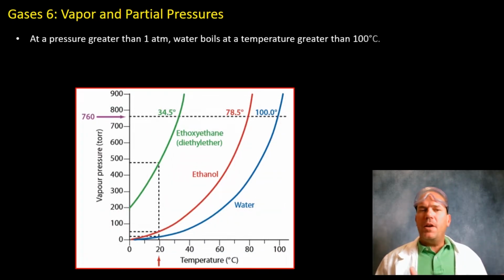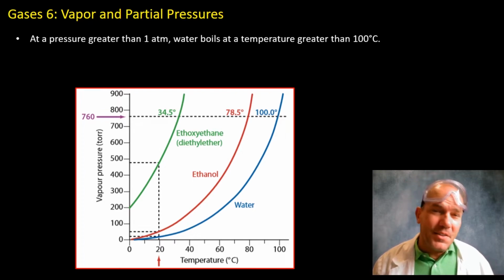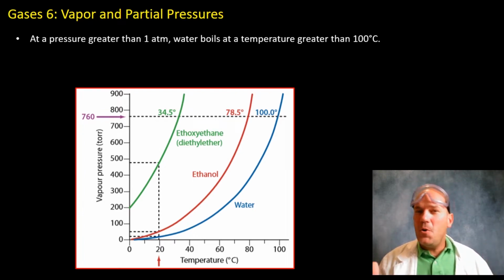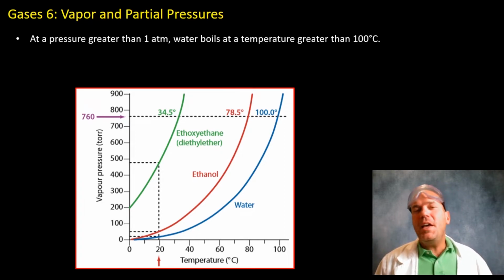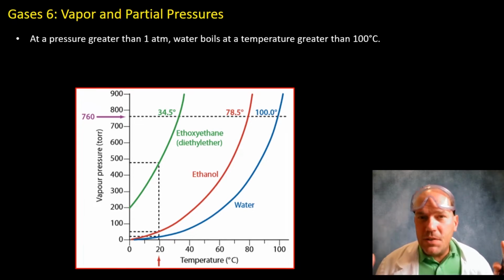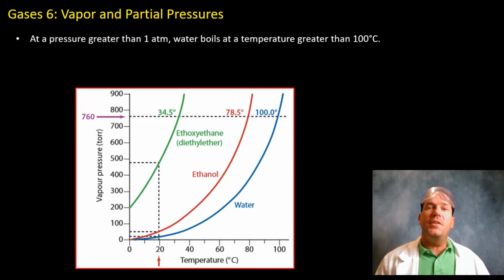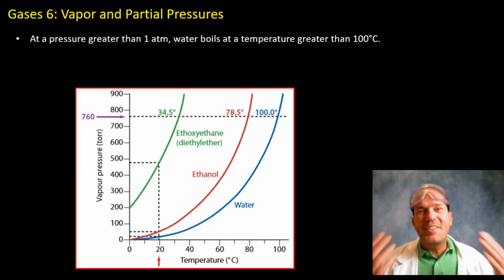At a pressure greater than 1 atmosphere, water boils at a temperature greater than 100 degrees Celsius. I hope that's intuitive at this point. Let's look at another graph to help us understand that. As you know, for this particular topic, our Georgia Standards of Excellence ask us to look at this conceptually, mathematically, and graphically.